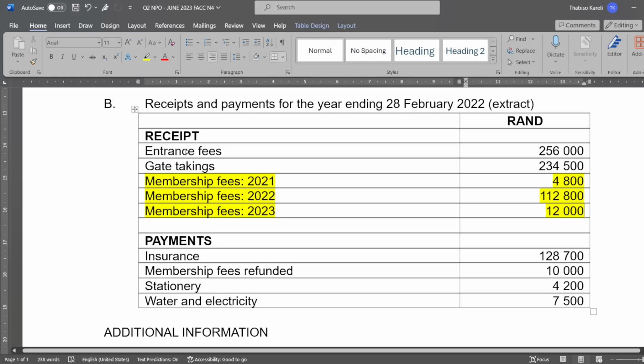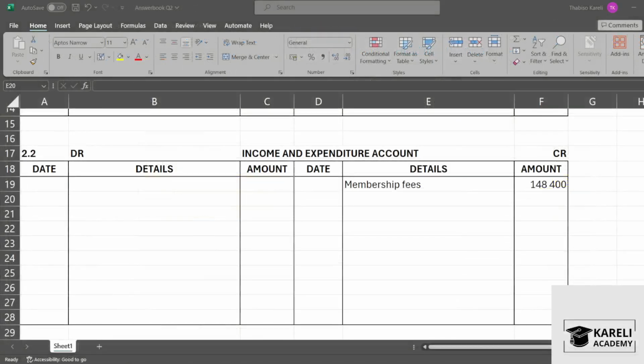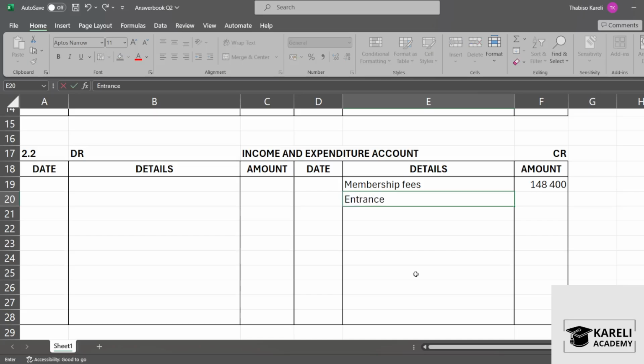Means we will have entrance fees and gate takings. Let us include them on our answer sheet, pardon.